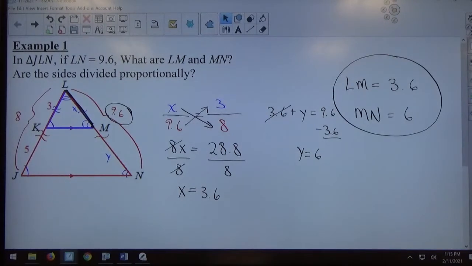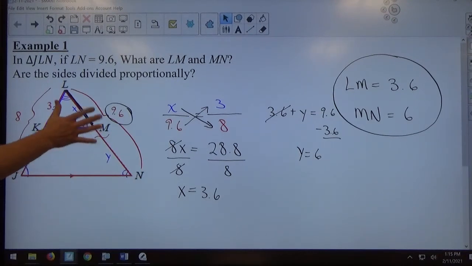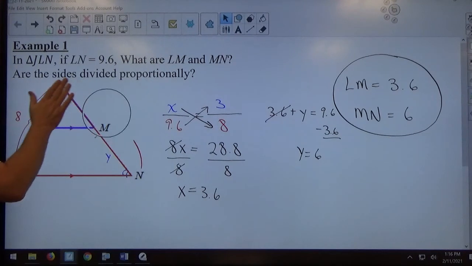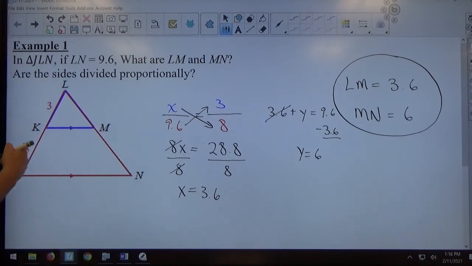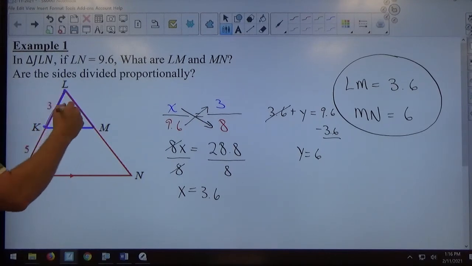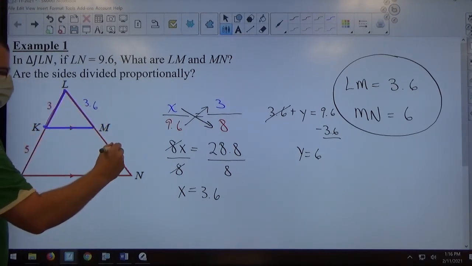The other thing they asked me to do on this problem is to state whether the sides are divided proportionally. So I'm going to erase all the markings I got on here real quick, just to pinpoint what they're talking about here. This piece is 3, this piece is 5. So 3 goes from here to here only, and 5 goes from there to there. This piece here is 3.6, and this piece here is 6.